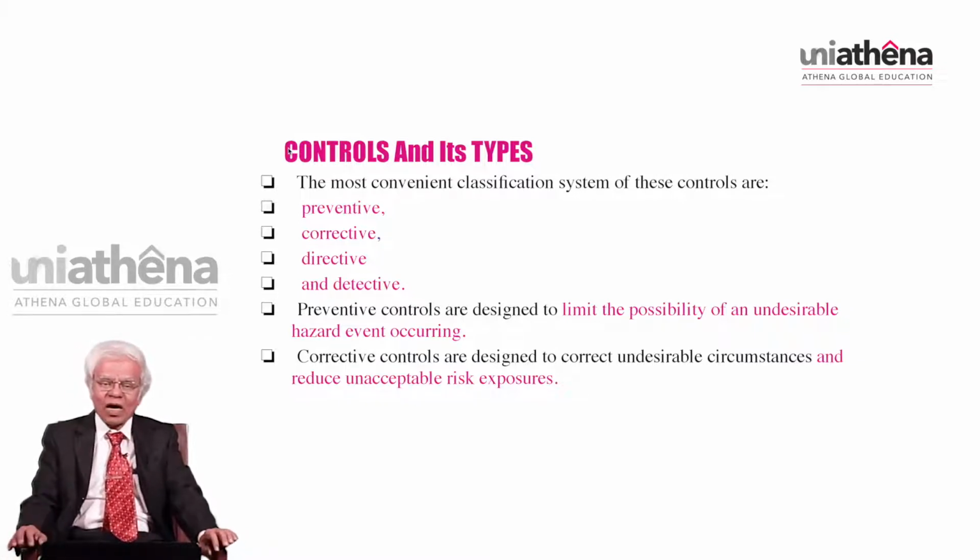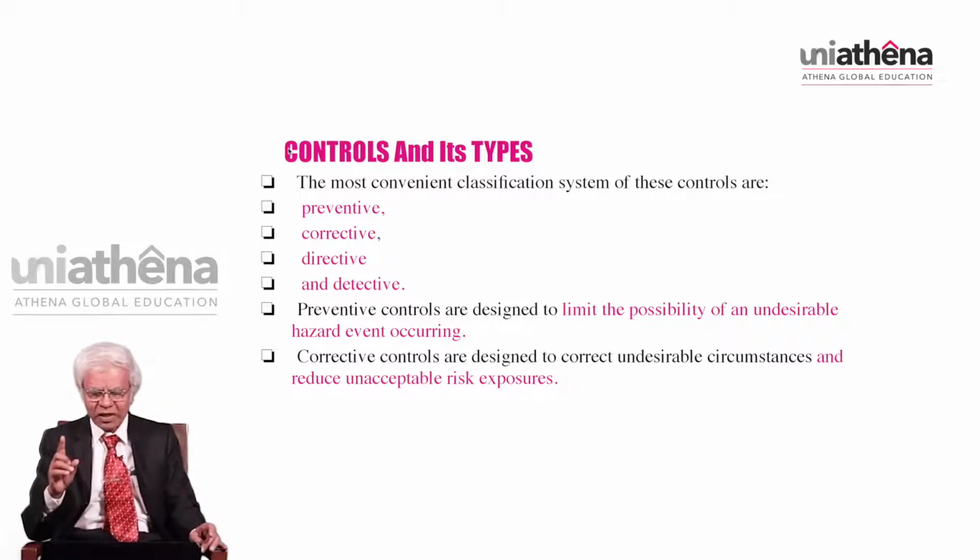That is, I will ensure that it will not happen at all. That means you have taken all the preventive measures so that that particular hazard, peril, risk, connected event does not occur at all. Corrective controls are designed to correct undesirable circumstances and reduce unacceptable risk exposure.